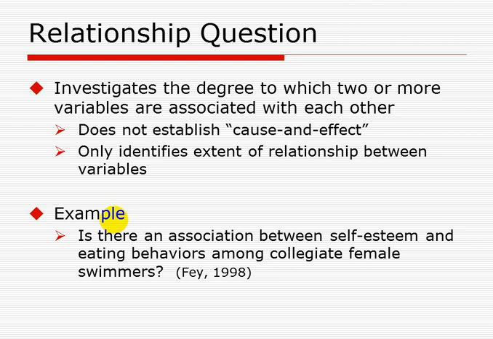For this kind of research question, you have to investigate the degree to which two or more variables are associated with each other. My suggestion is not to establish cause and effect questions. You have to identify clearly the extent of the relationship between two or more variables.